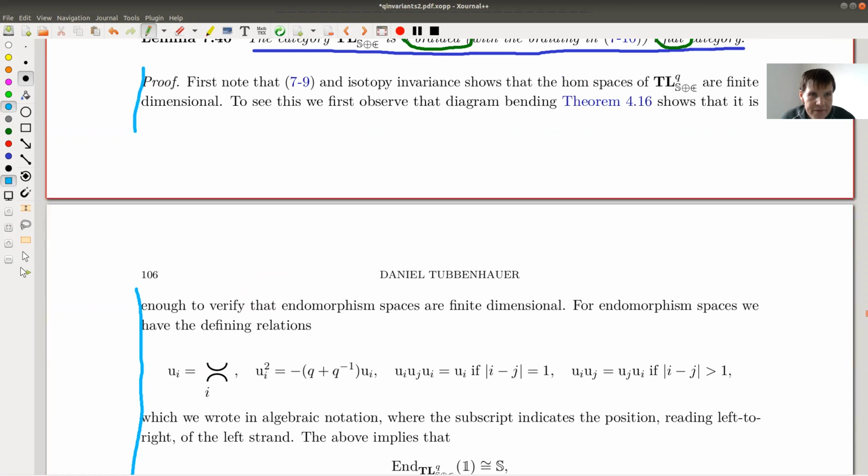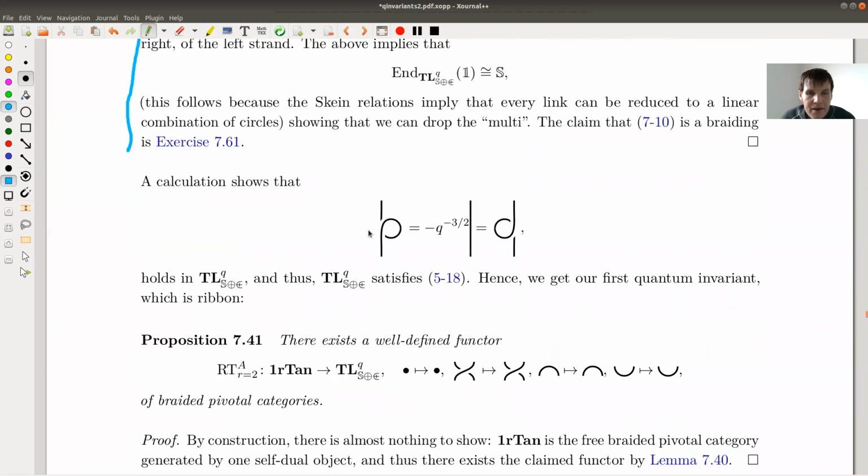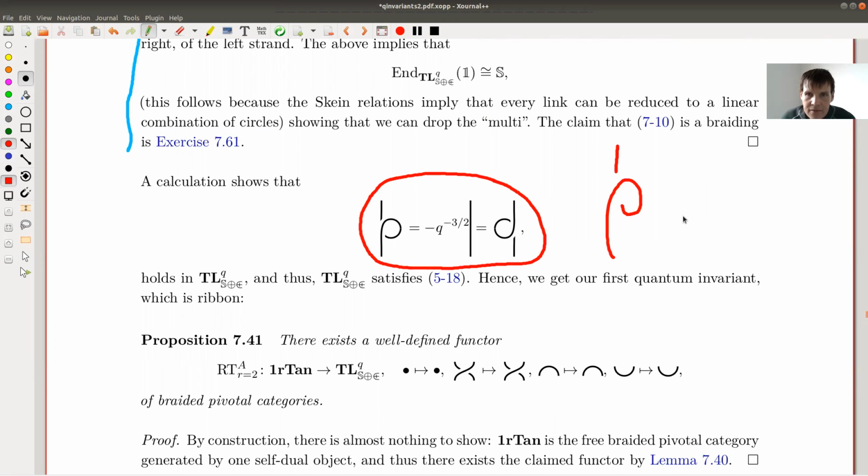I'm going to ignore that anyway. And a calculation now shows this one, not very hard. If you have a kink, you can pull it straight, not quite. You get a scalar factor in front of it, but it doesn't really matter.